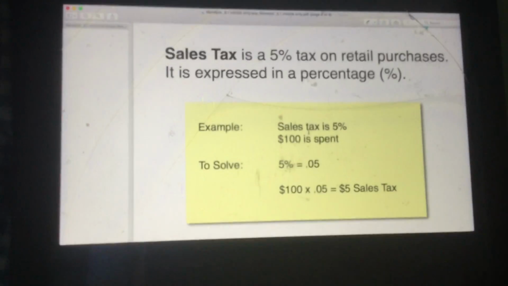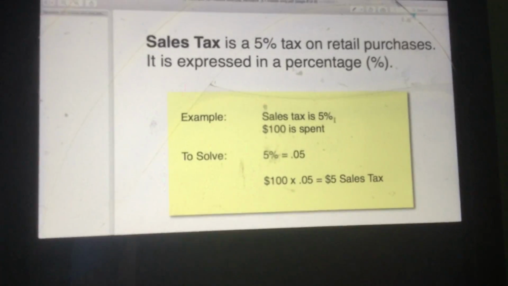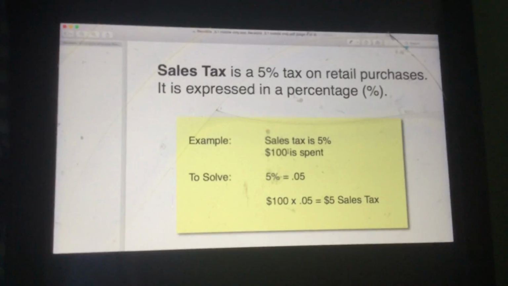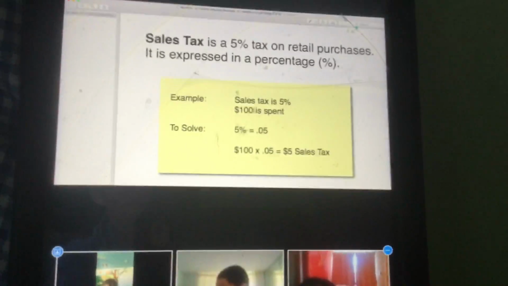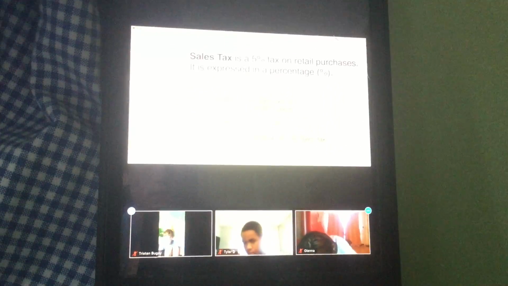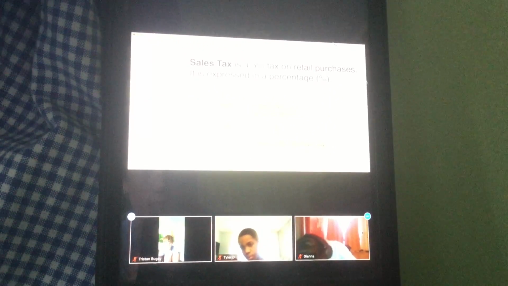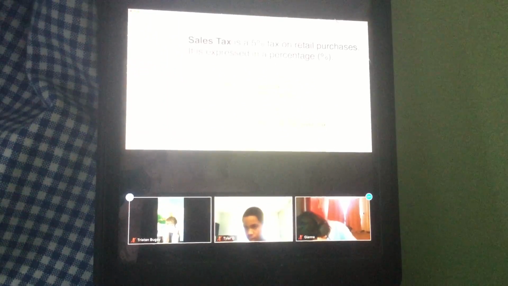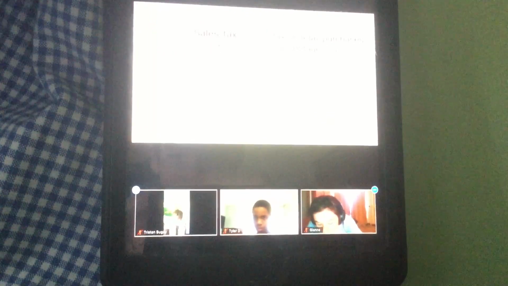So the sales tax is 5%, and I spent $100. The first thing I need to do is change the percent into a decimal. Does everybody understand how 5% becomes 0.05? Anyone need any extra help with that? Anybody need a shortcut?